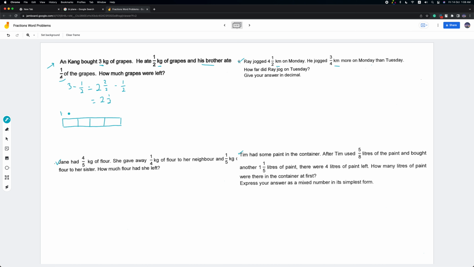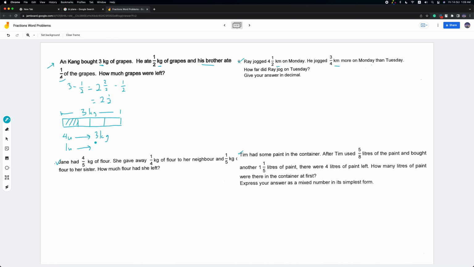So this is the whole grapes, which is 3 kg. He ate 1 part out of the 4. So we can see here 4 units is 3 kg. We want 1 unit, because when we do the unit method, we always try to find 1 unit.